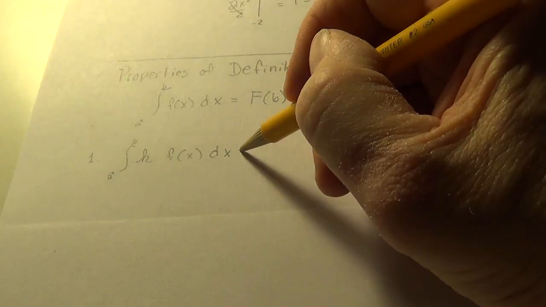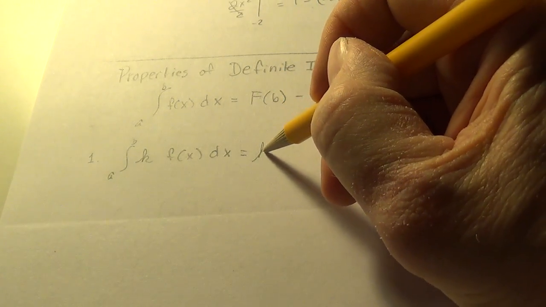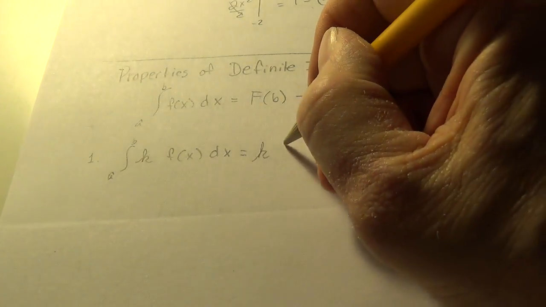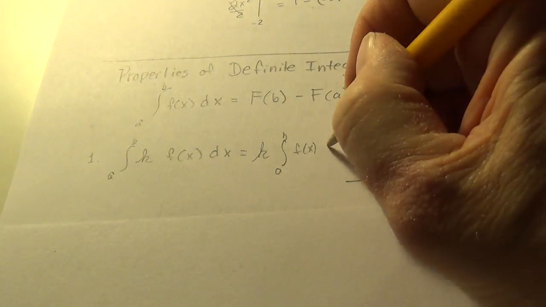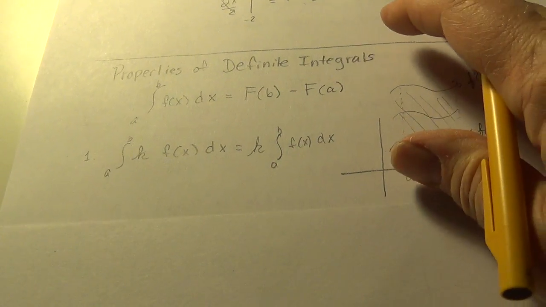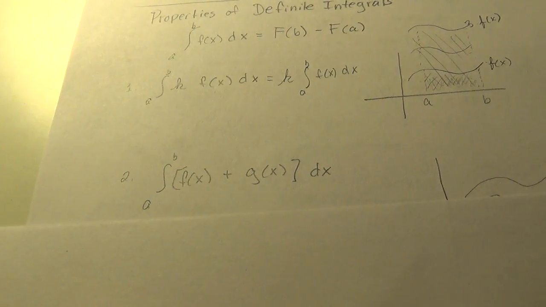So it's no stretch for you to see that that k can come across the integral sign and not be affecting it, and just find the integral of f of x from a to b. Alright, and that is a principle, and we've already used that, so I just wanted to show you a little more about why it's true. Alright, then we'll go to the next one.